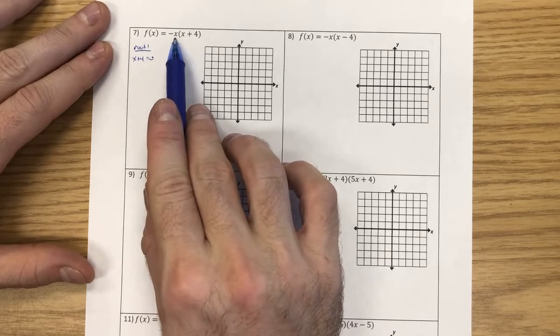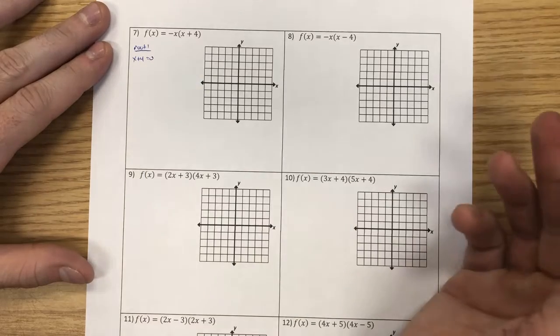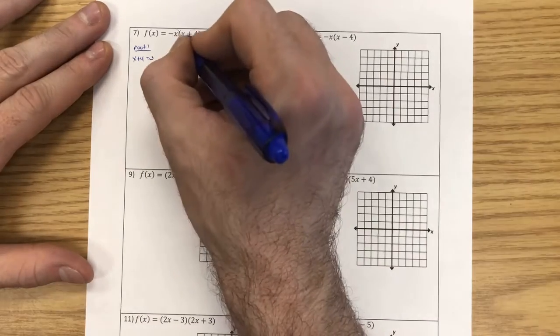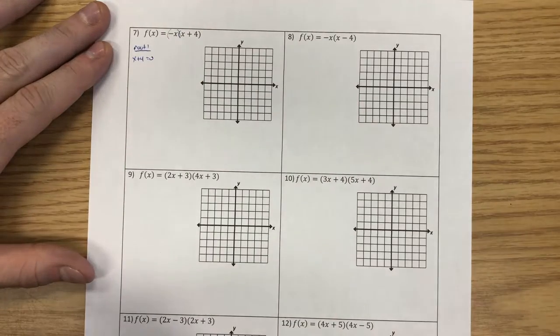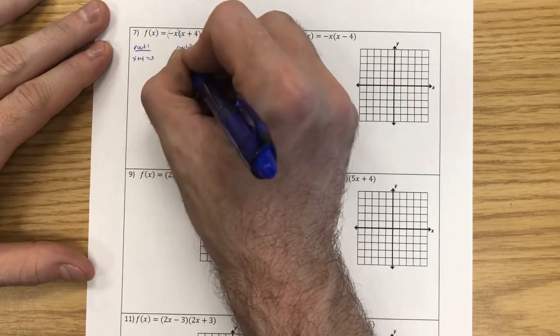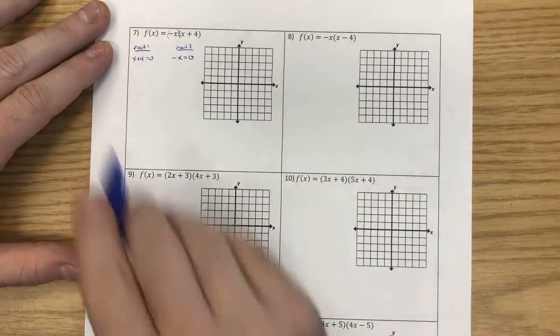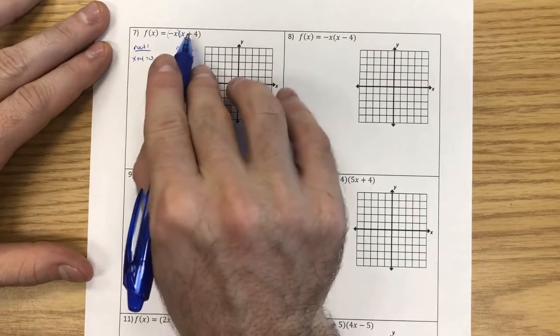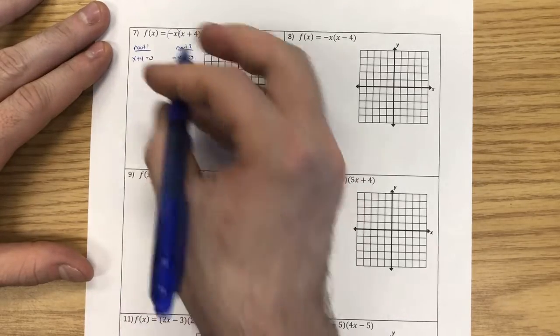But what's going on with that? Well, I could look at it as what happens if I put that in parentheses. Well, there's my other root. So root 2 is just where negative x is equal to 0. Because if either one of these is equal to 0, the entire other thing is.